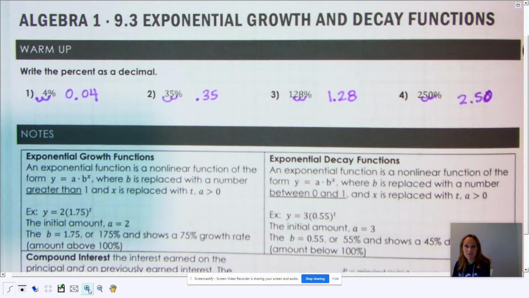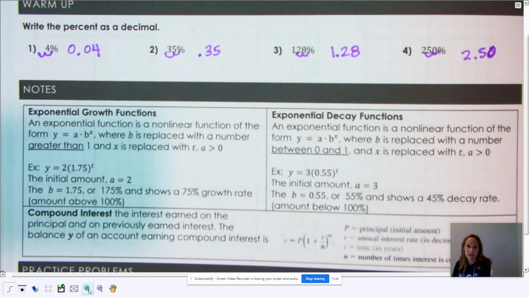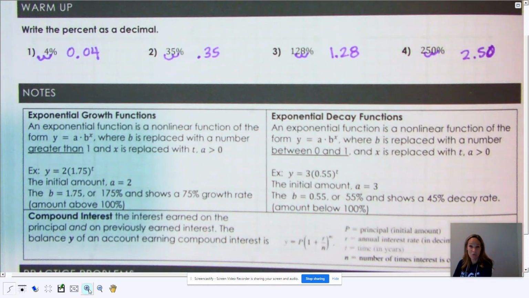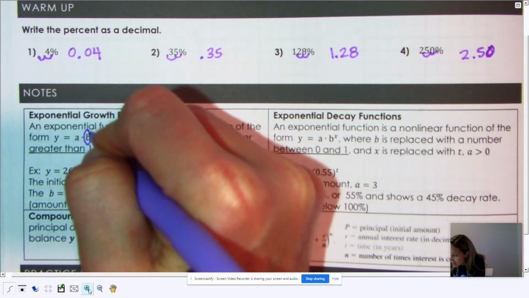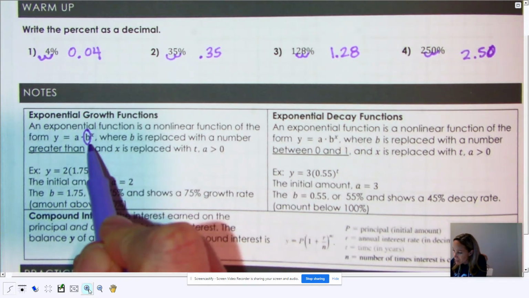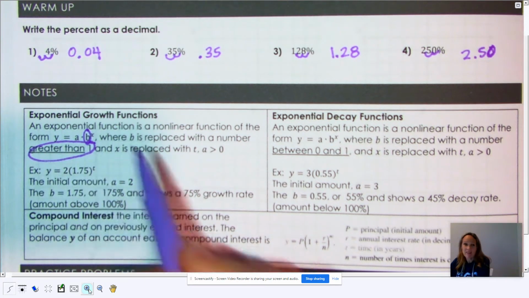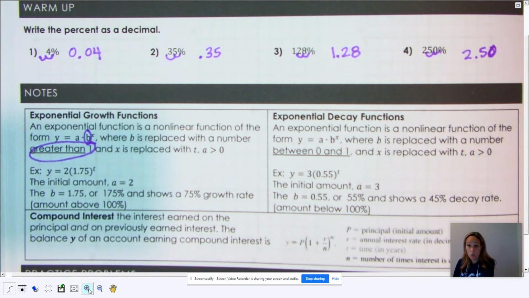Okay, so just some information, you guys, about growth functions. If you think about growing, that's something that's getting bigger and bigger and bigger. So if this base right here is greater than 1, think about 1 representing 100%. If I just multiply by 1 every time, it doesn't change.